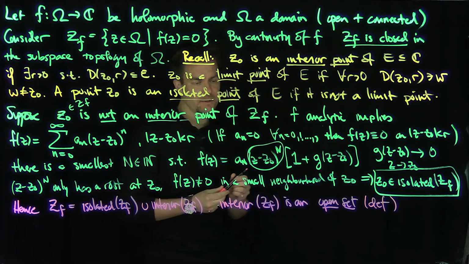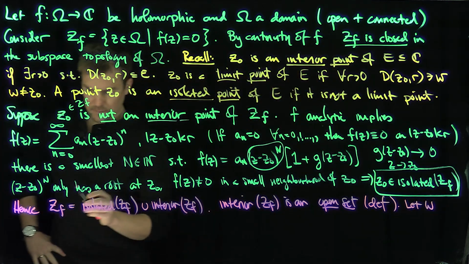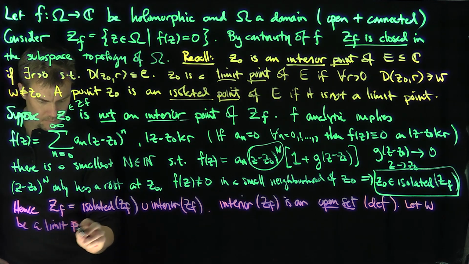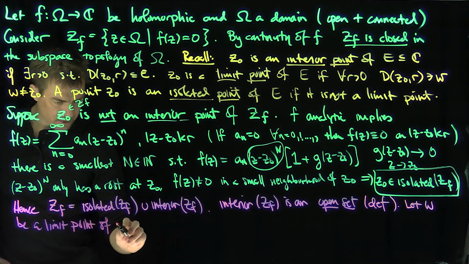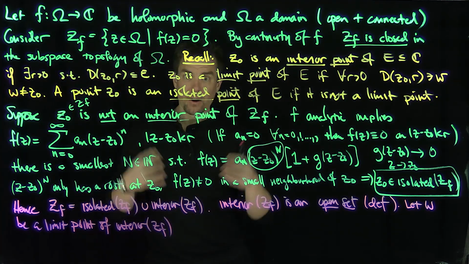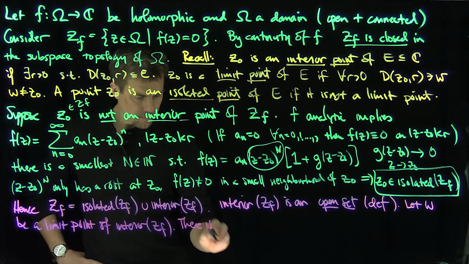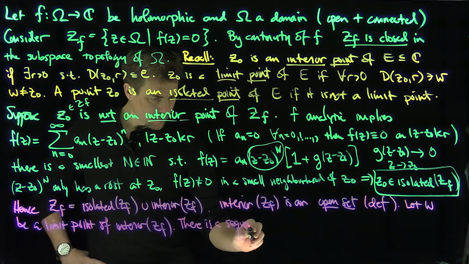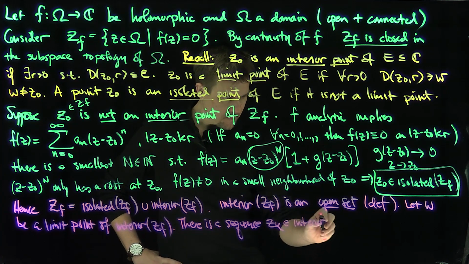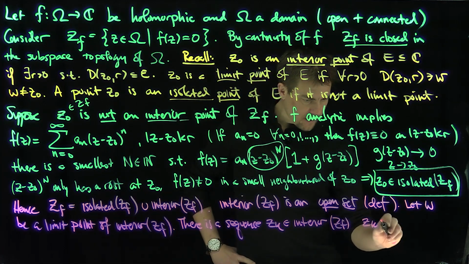Excellent. And now let w be a limit point of the interior of Z_f. Now remember that the interior of a set also contains the set itself, right? So that means there's a sequence z_k in the interior of Z_f such that z_k converges to w.